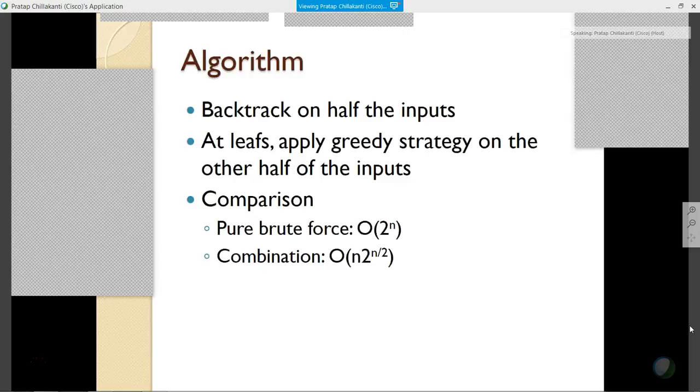If you apply brute force to everything, it is 2 raised to n. We already know that, right? N inputs, 2 raised to n is the brute force approach. If you apply the combination, it turns out it is n times 2 raised to n over 2. Now you would ask, what is the big deal of that combined approach? Look at the example here.